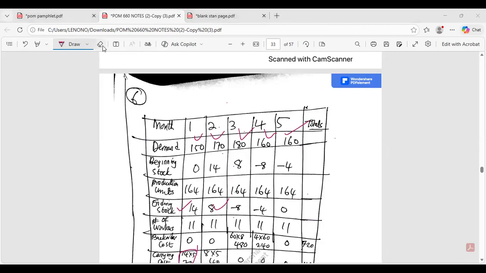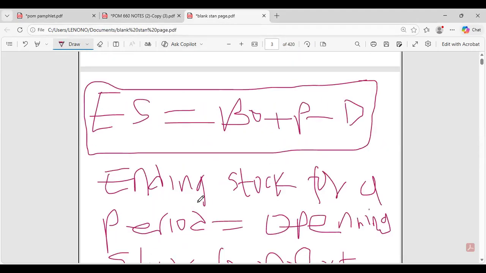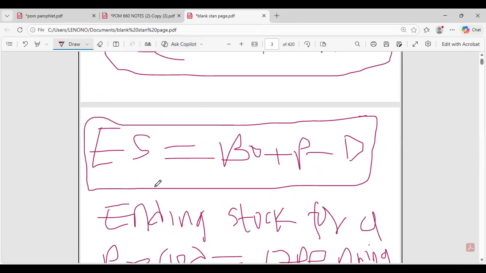A beginning stock is usually added to production. Like I mentioned, ending stock is equal to beginning stock plus production minus demand. This is how you get the ending stock. Okay? I'm sure that is clear.